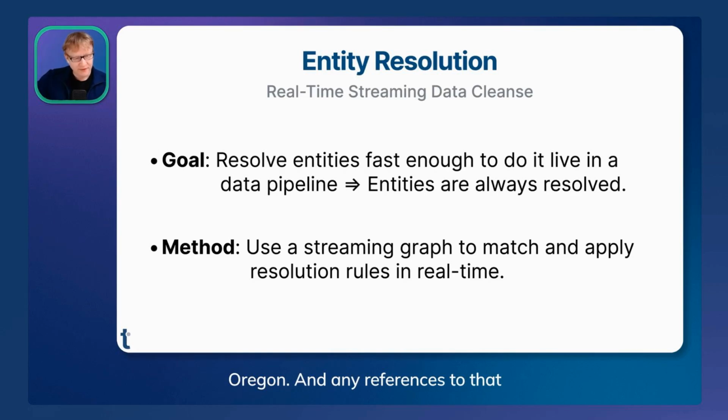And any references to that sometimes might misspell it, might leave off the geography, might get confused with the other Portland on the other side of the country. That's the sort of entity resolution challenge that starts from the data coming in and figures out what are the real world objects that we're trying to refer to. So we need to resolve those many different references, even if there are typos and things like that, so that there's one record per unique entity that we're trying to refer to.